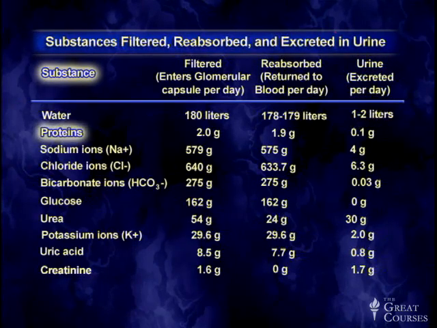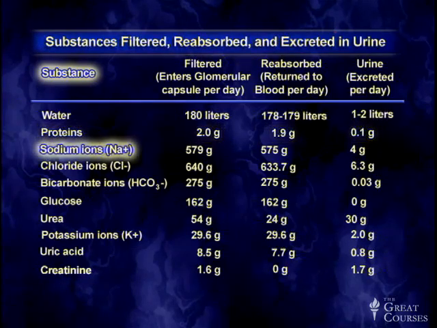Look at the proteins. We allow to get rid of 2 grams, really not very much, but we get almost all back except for 1/10 of a gram. Sodium ions, again, sodium is very effectively reabsorbed. We filter that much. We reabsorb 575. We only lose 4 grams. When you are on a normal diet, a person eating an unrestricted diet usually takes in about 4 grams of sodium.